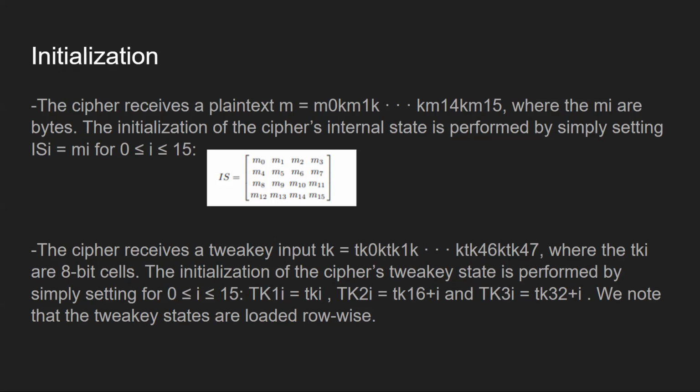The initialization of the cipher's tweakey state is performed by simply setting it from 0 to 15. We note that the tweakey states are loaded row-wise, and this is the initial value of the cipher internal state. The state is row-wise rather than column-wise, which is a more hardware-friendly choice.